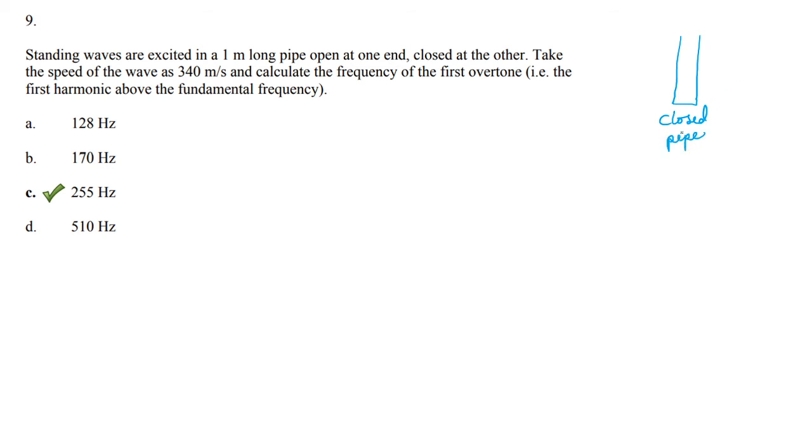Okay, and if the pipe is open at both the ends, then it is called an open pipe. Okay, so I hope you could understand the difference between closed pipe and open pipe. So which pipe is this? This is a closed pipe, okay, which is open at one end and closed at the other.